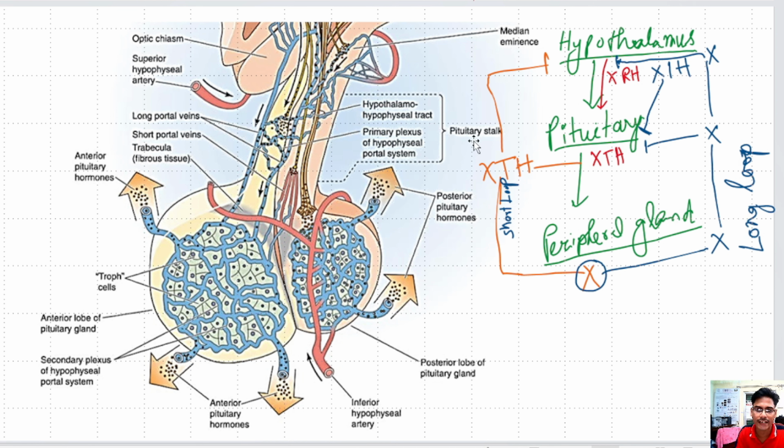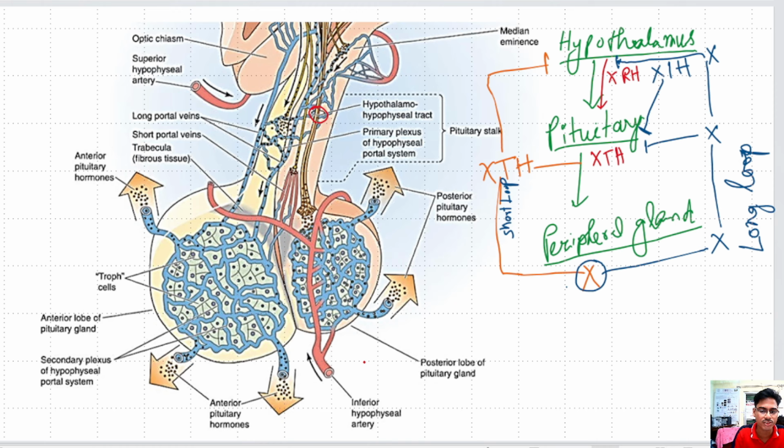So it's a kind of pituitary stalk, and we will discuss it on that image. This is the hypophyseal system, and in that marking you can see the neurons coming from the hypothalamus to the pituitary gland.